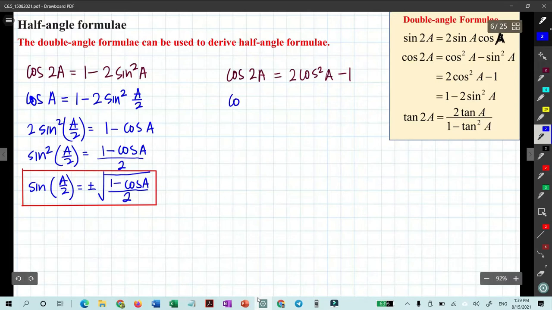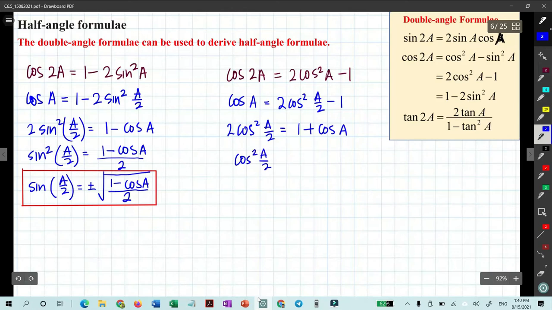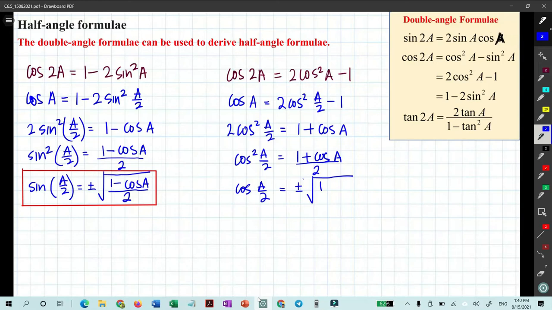By doing so, you get cos a equals 2 cos square a over 2 minus 1, and then 2 cos square a over 2 is going to be equal to 1 plus cos a, and cos square a over 2 will be equal to 1 plus cos a over 2, and finally cos a over 2 is equal to plus minus square root of 1 plus cos a over 2, and that's it.